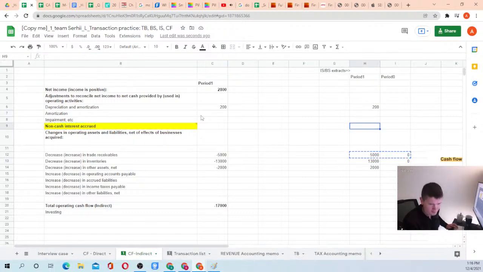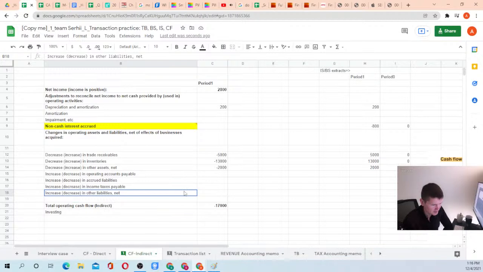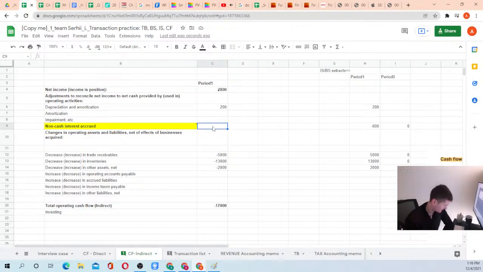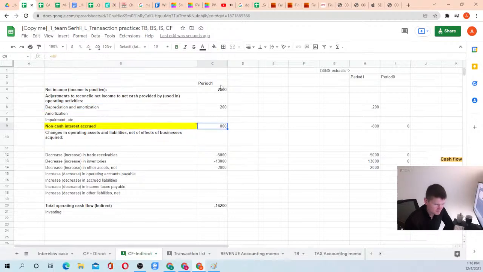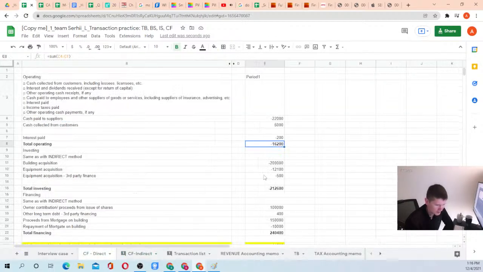Let's get it from here. Based on the way I calculated it, I actually might have put it here, but I decided to put it there. And since that is a liability, the increase in liability should be a positive number in our reconciliation. So now our operating cash flows match.